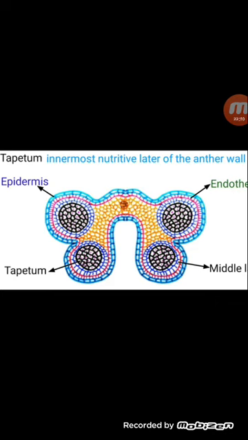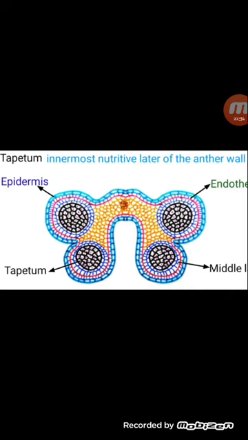Next one, tapetum. Innermost nutritive layer of the anther wall. It is tapetum that provides nutrition to the anther wall. Where is it located?